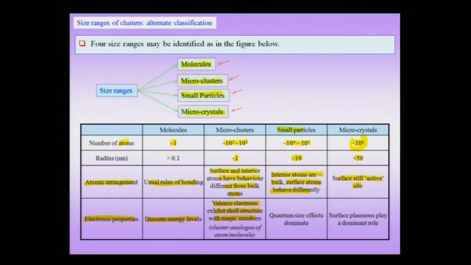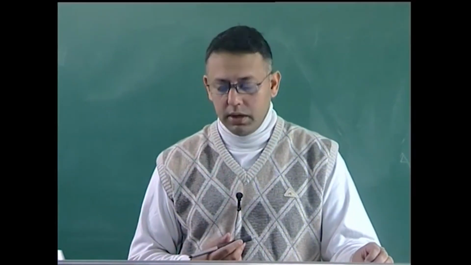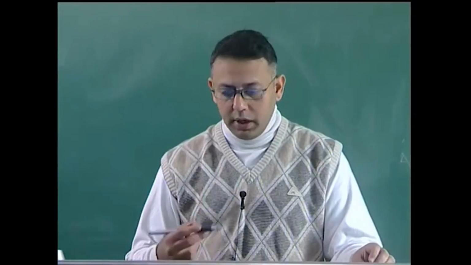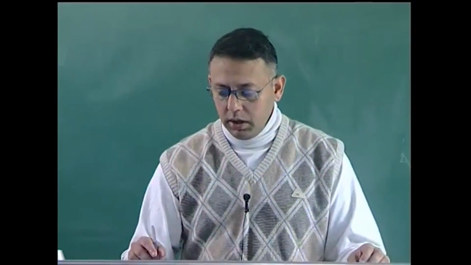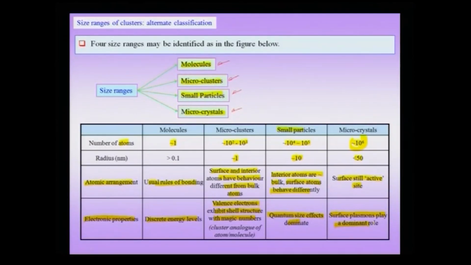In small particles, quantum size effects are still going to dominate, and at the microcrystal level, you would expect that you can now talk about continuous bands, which you talk of for a bulk crystal, and therefore you could talk about conduction properties, which is very similar to that of bulk crystals. But here too you would expect the surface plasmons to play a dominant role, and similarly other surface effects coming from electrons on the surface are expected to play a dominant role in determining the properties of the material.